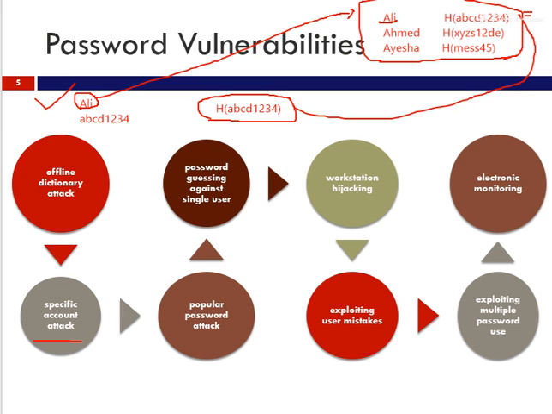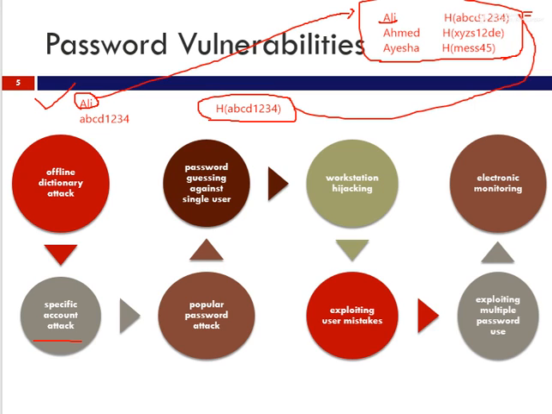Okay, popular password attack. The popular password attack is a variation of the offline dictionary attack, where a dictionary or database of popular passwords is generated and tried against a different range of user IDs. In a popular password attack, you use a popular password.